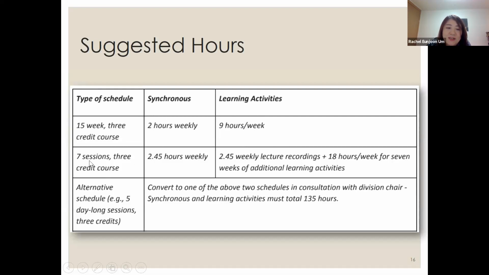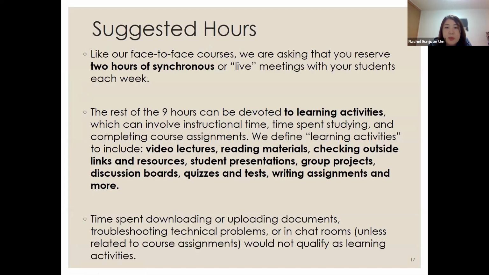And then 7 sessions, then 2.45 hours weekly, and then other recordings, and then other async materials. And there is an alternative too. So this is just suggested hours, but it also should be reviewed as an instructor. You should review whether it's appropriate for your content.